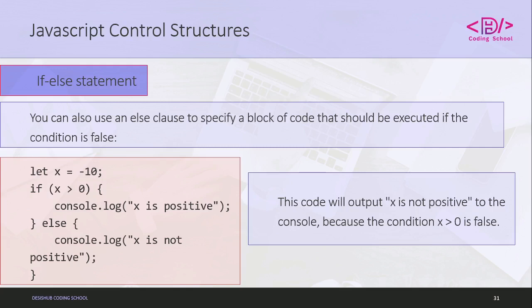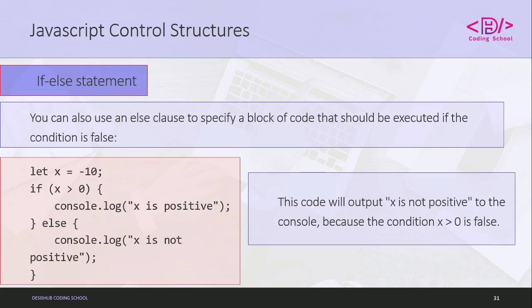So for instance, in this case, if x is equal to negative 10, then x greater than 0 is false, it is not true.